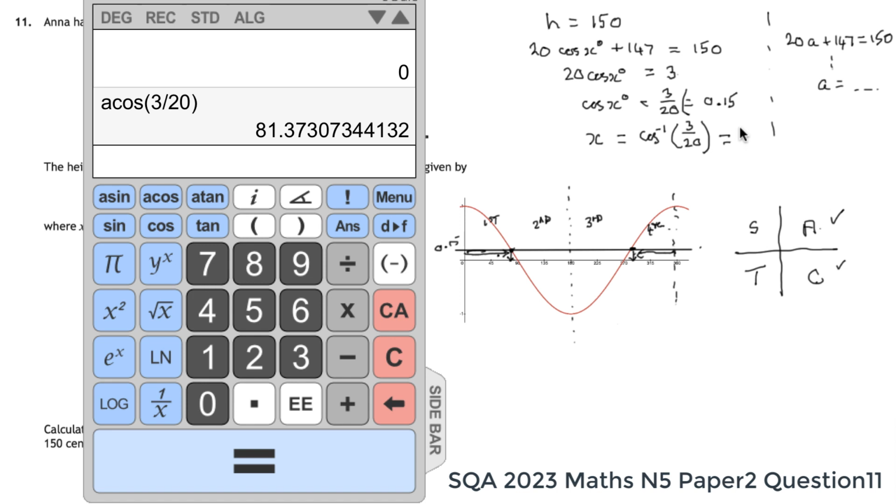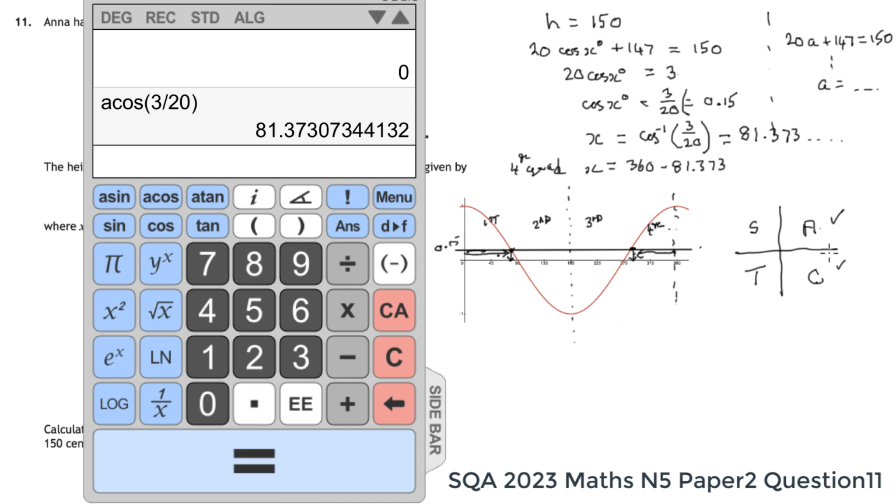So we'll put that in here, 81.373 and so on. So we know that's the first quadrant angle, and the fourth quadrant value of x would be 360 minus 81.373.